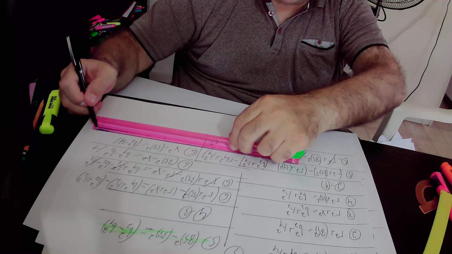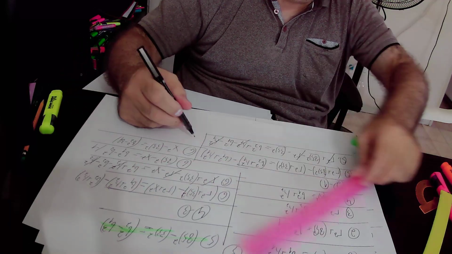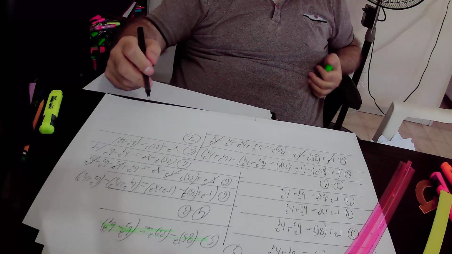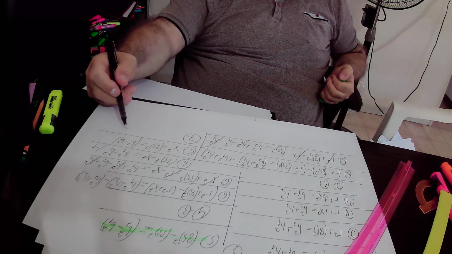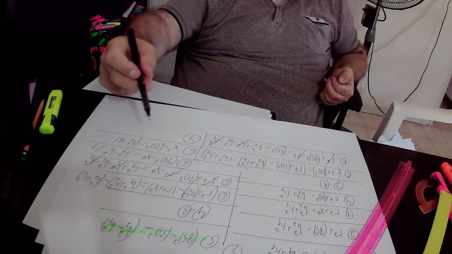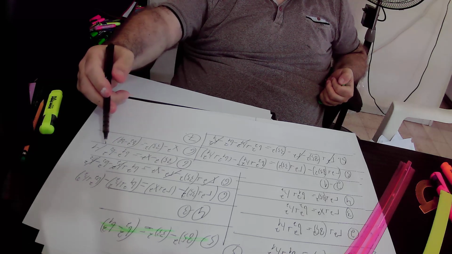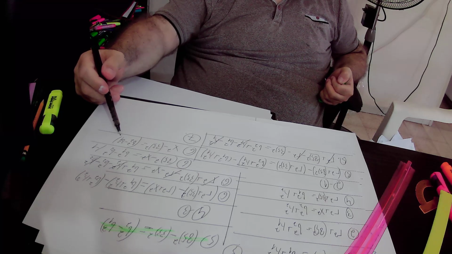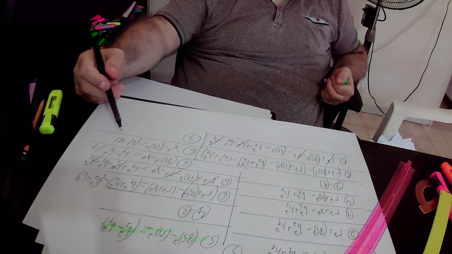In the next step, we create equation number 7. Equation number 7 states that B2 square minus B1 square according to equation number 5 must be equal to B2 square minus B1 square according to equation number 6.